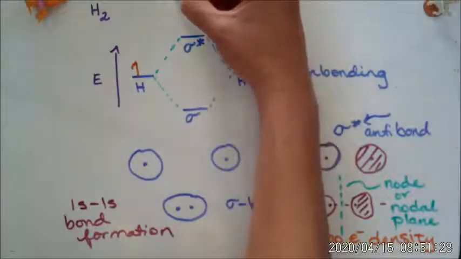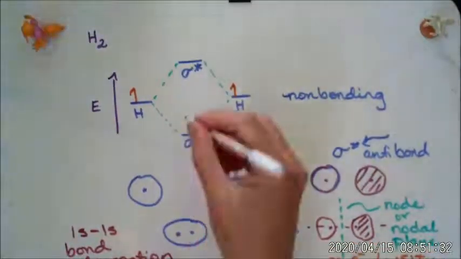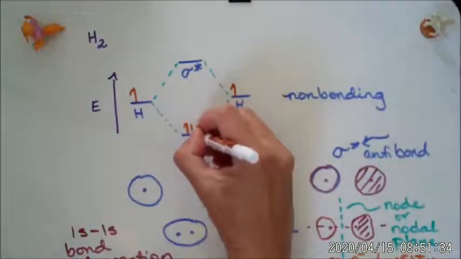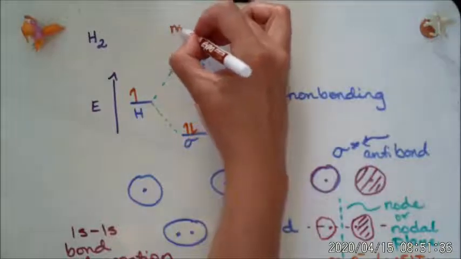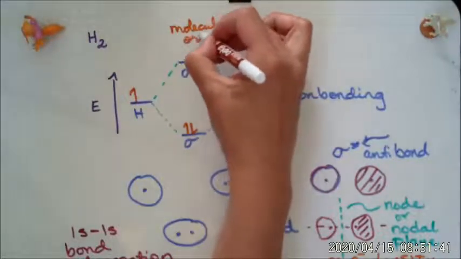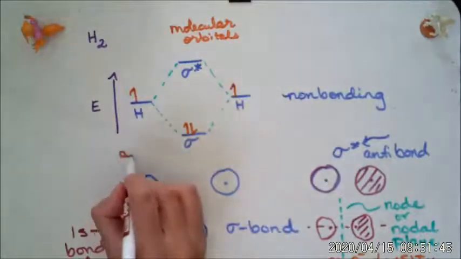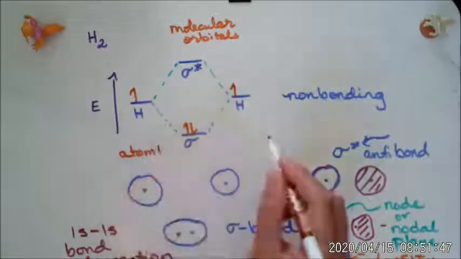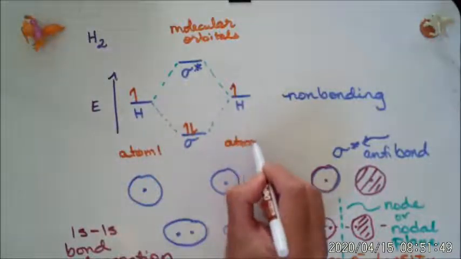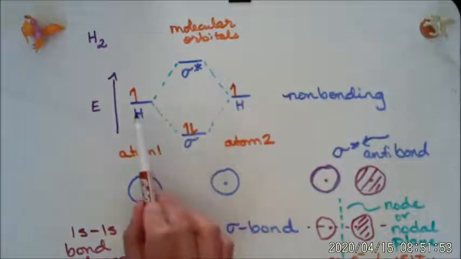So we always put molecular orbitals, just finish this thought. Okay. So molecular orbitals always go in the center. And on the sides is atom 1 configuration and atom 2.